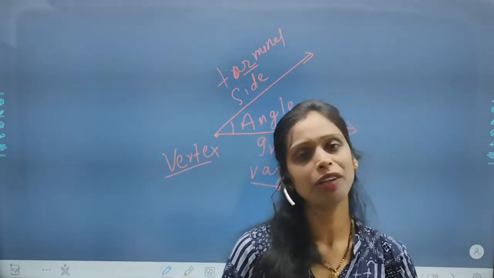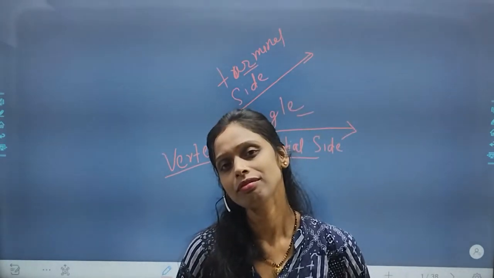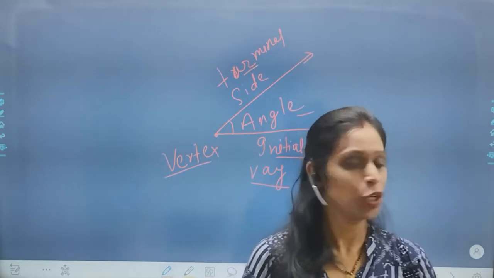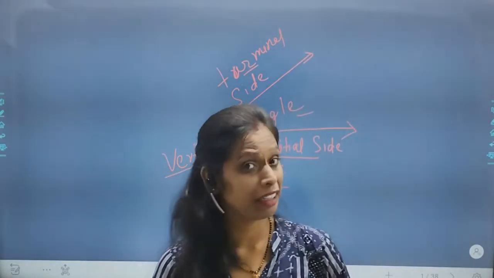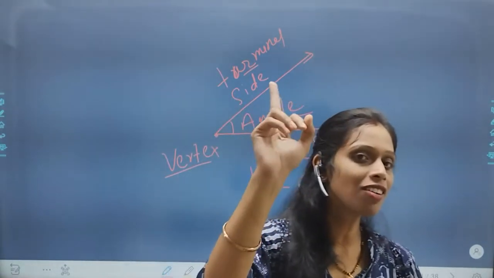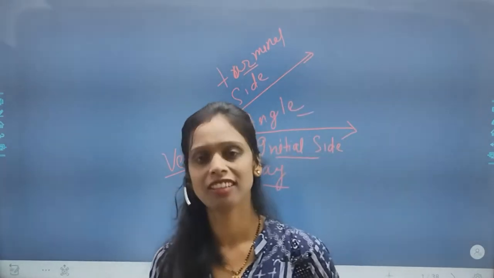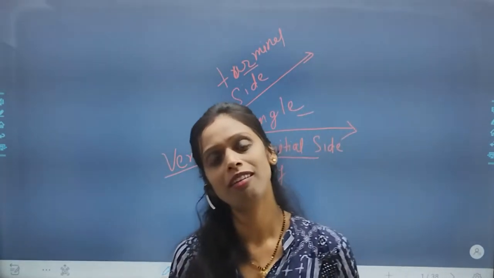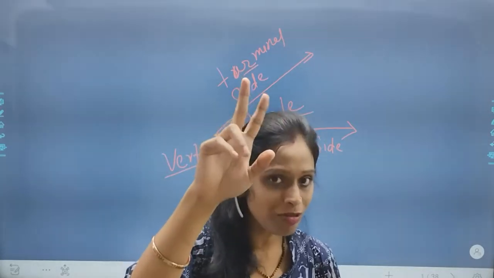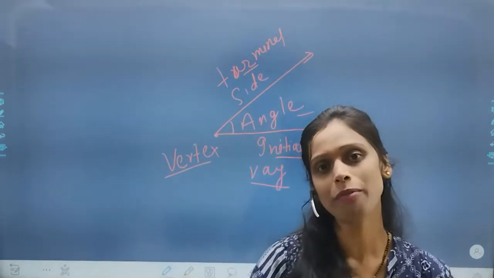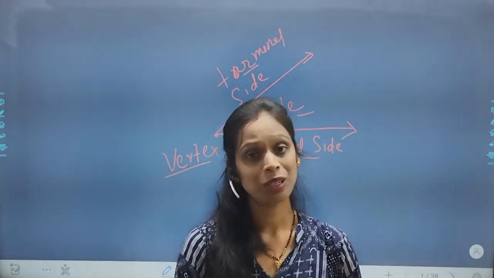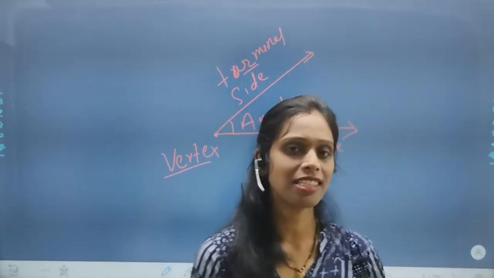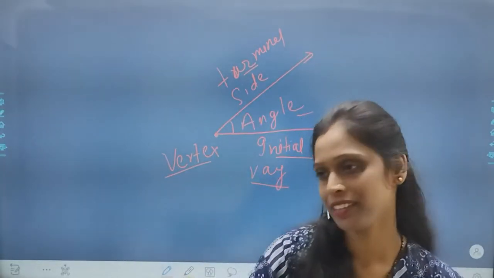First is called degree. You know very well about degree. And second is called radian. In this chapter we will learn about the two types of measurement generally used for measuring an angle: first is degree and second is radian.